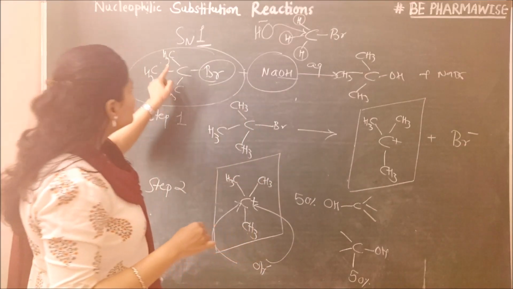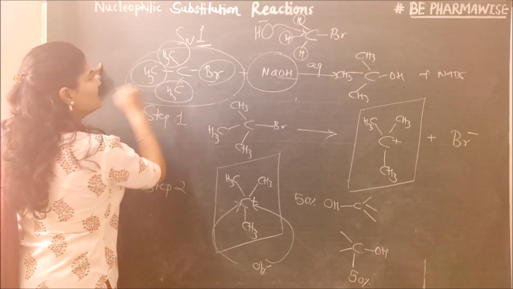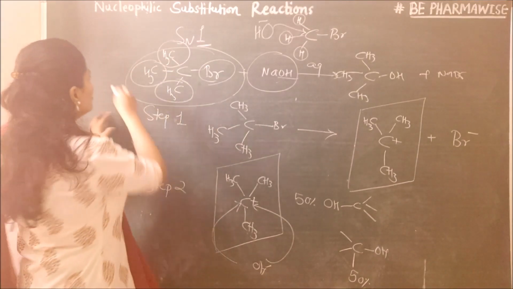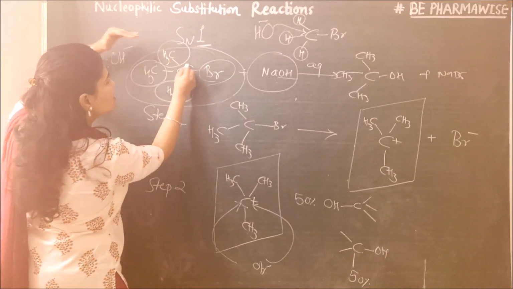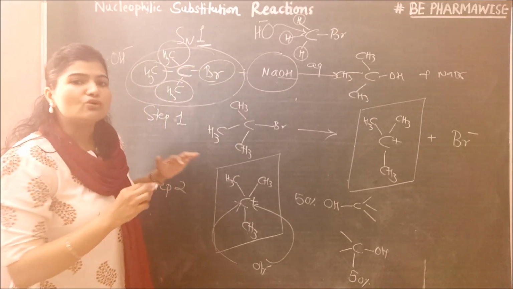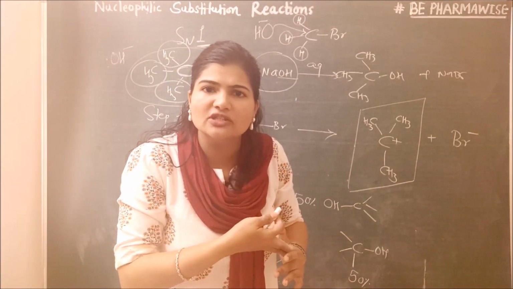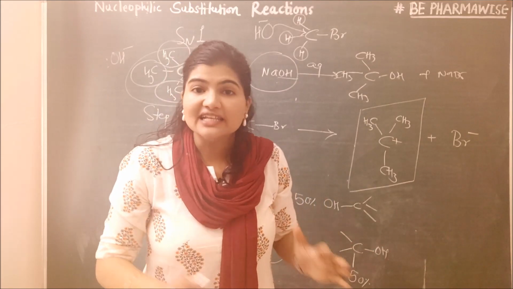But here you see the structure of the molecule, 3 methyl groups are attached on 3 sides of the carbon. So OH minus does not find enough space to reach this carbon. It is very difficult for OH minus to attack from the backside on the carbon. So the SN2 mechanism is not possible for tertiary alkyl halides.